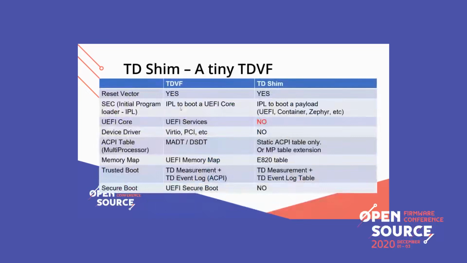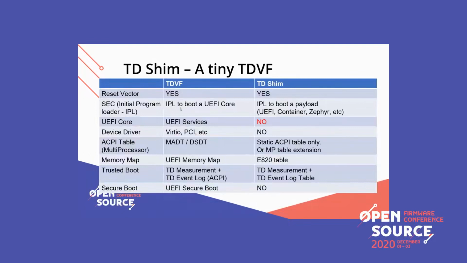We have introduced a full TDVF, which provides the UEFI services to a TDOS. However, in a virtualization environment, not all OSes require UEFI, such as a container use case. The container may just need a lightweight virtual firmware, such as the cloud hypervisor firmware.